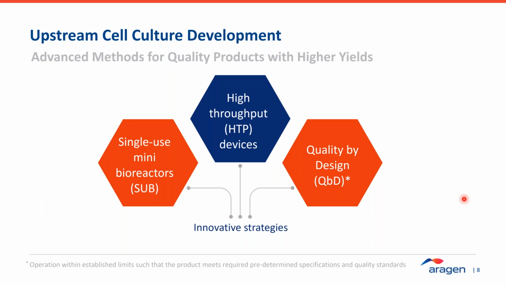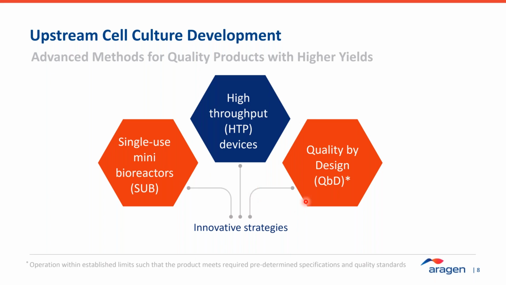Implementation of innovative technologies for producing quality products with higher yield is critical. Examples of these strategies are presented here. We use single-use bioreactor to shorten the lead time and minimize the chance of contamination. We take the advantage of high throughput system to conduct design of experiments investigation under controlled conditions.